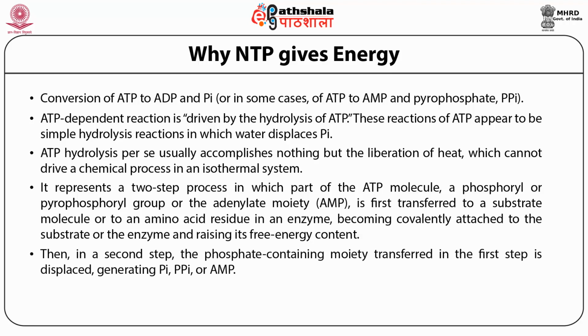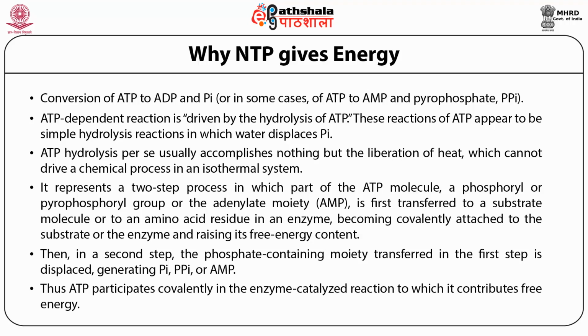Then in the second step, the phosphate containing moiety transferred in the first step is displaced, generating PPi and inorganic phosphate or AMP. Therefore, you can say that ATP participates covalently in the enzyme catalyzed reaction in which it contributes the energy.